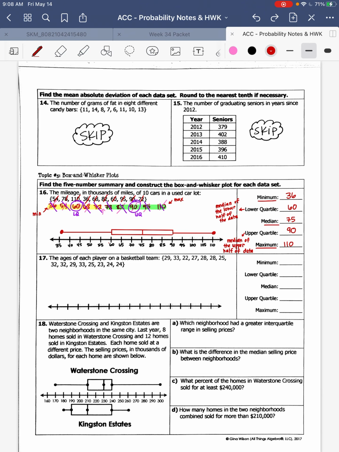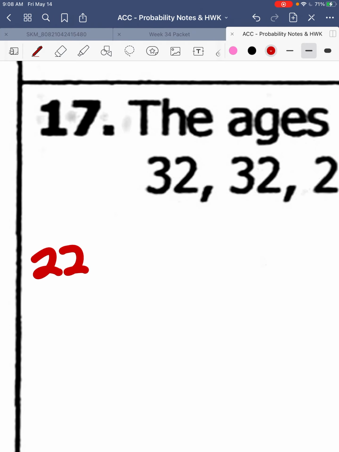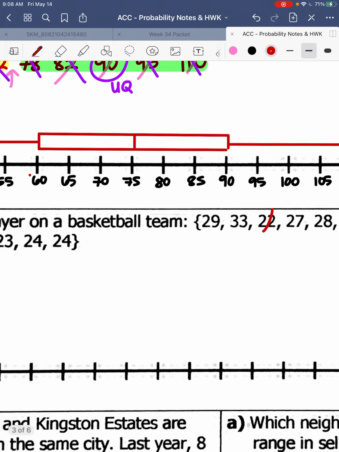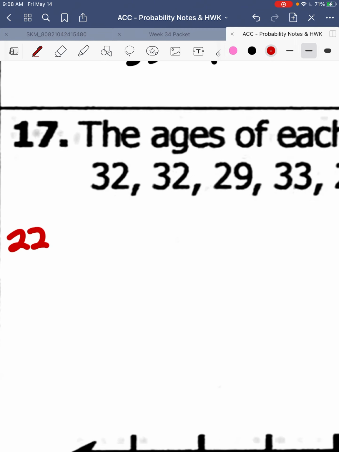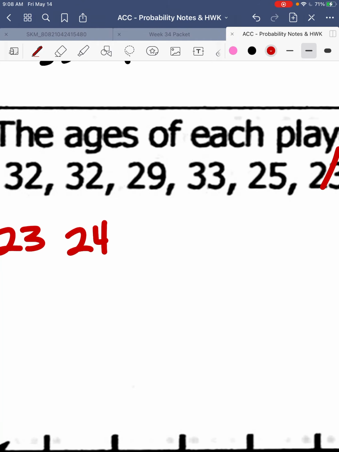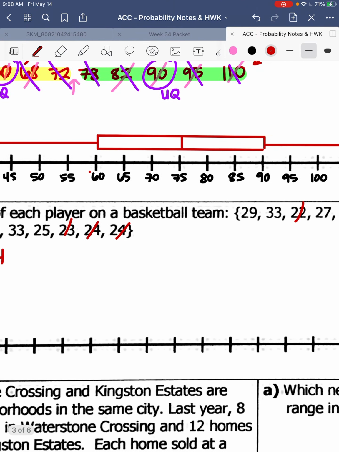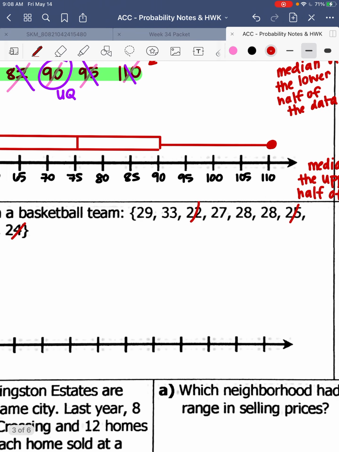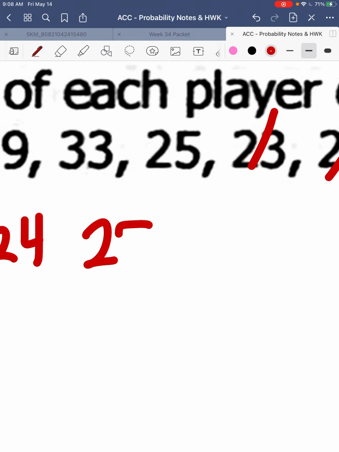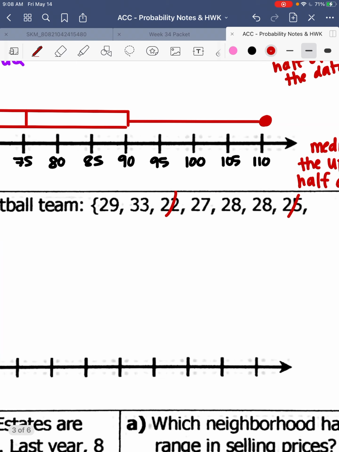So the smallest number that I saw was 22. After 22, I have a 23 right here. Is that the only 23 I have? I think so. I've got a 24 here. Another 24. Those are the only 24s I've got? Yes. Here's a 25. Here's another 25. Okay. I don't see any 26s, but here's a 27.